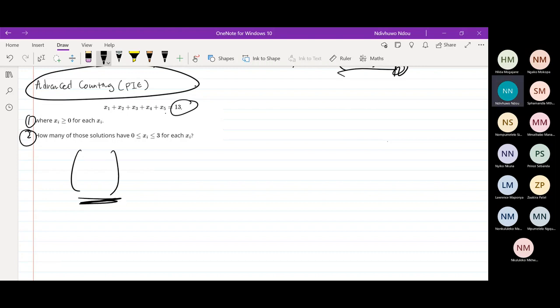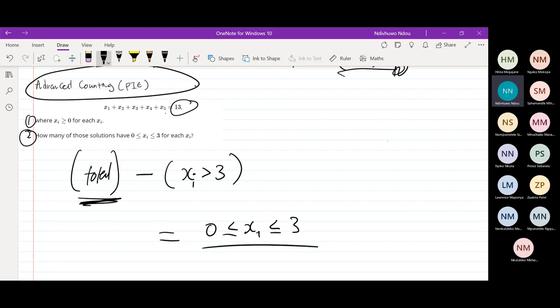Then from this total number of combinations possible without restriction, we use the principle of inclusion and exclusion to subtract those where xi is greater than 3. Obviously, we will be left with those where xi is less than or equal to 3 and greater than or equal to 0. So the idea is to count the total number of them without any restriction and subtract those that are above 3.